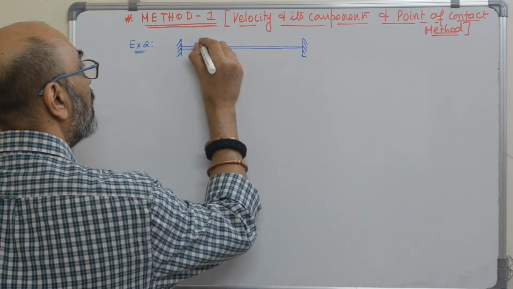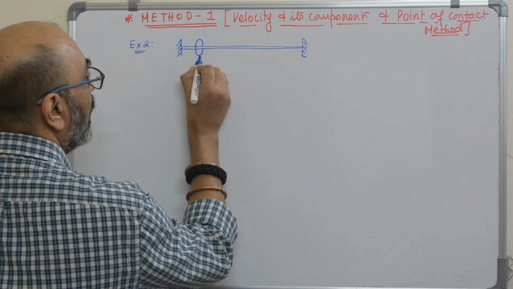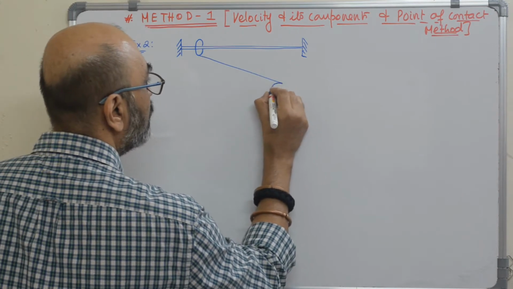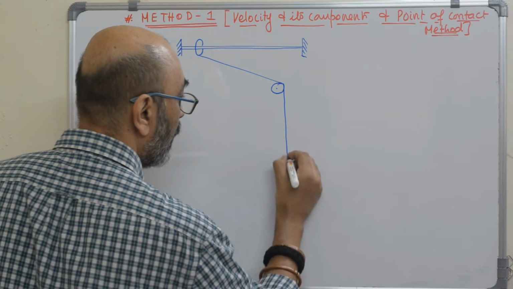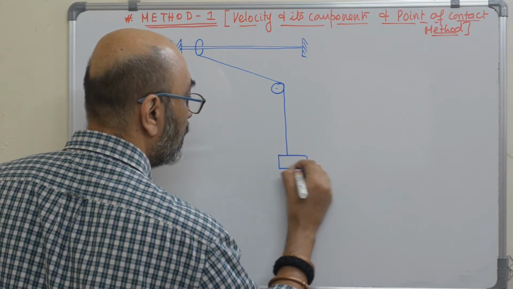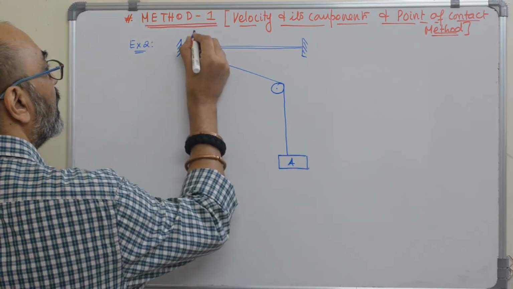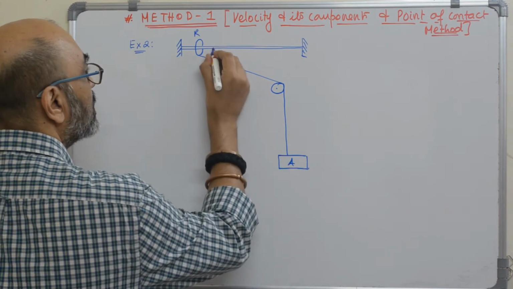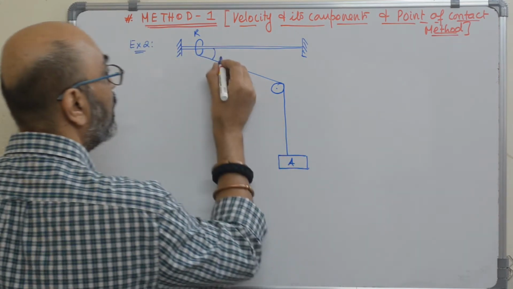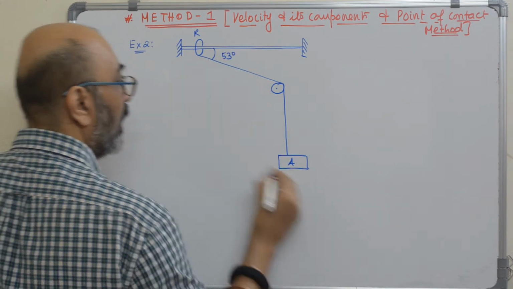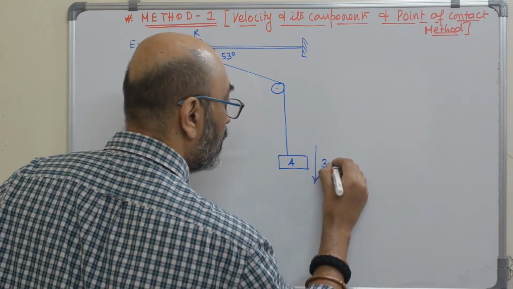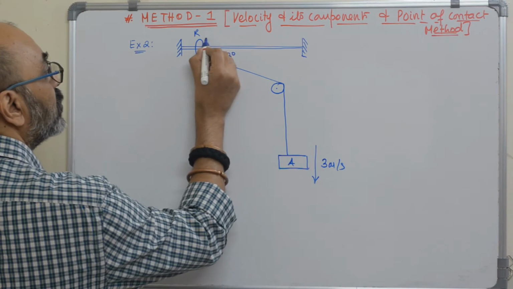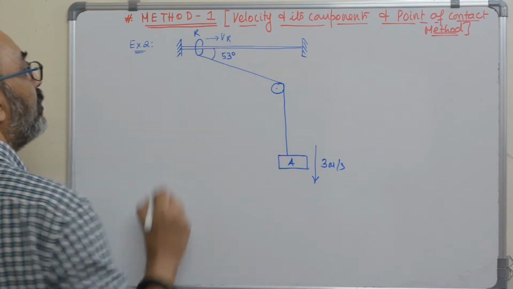Here we have a ring and this is tied by a string over a pulley, and we have a block over here and that is block A and that is ring R. And this angle is 53 degrees and block A is moving in that direction with a speed of 3 meter per second. Question is, what is the velocity of the ring?